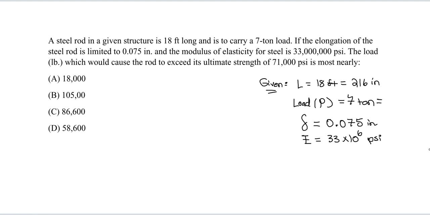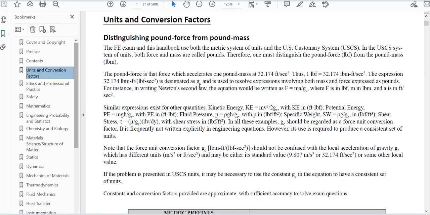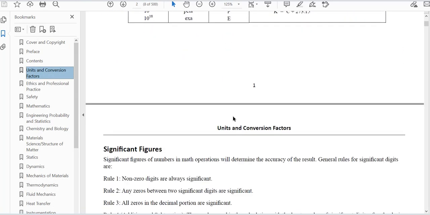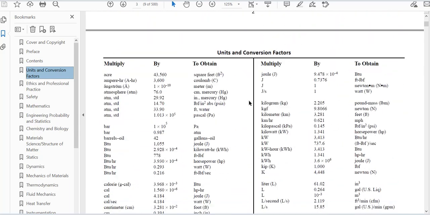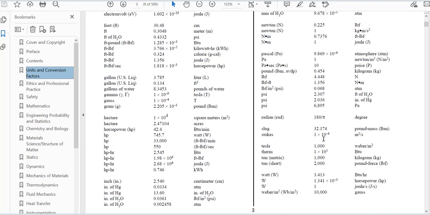So to go from ton to pounds, we're going to refer to our FE Handbook. And let's go to the units and conversions. Go down. This is the new Handbook 10.0. And I think the ton, yes, so it's here. We can go from ton to pound force by multiplying by 2,000.